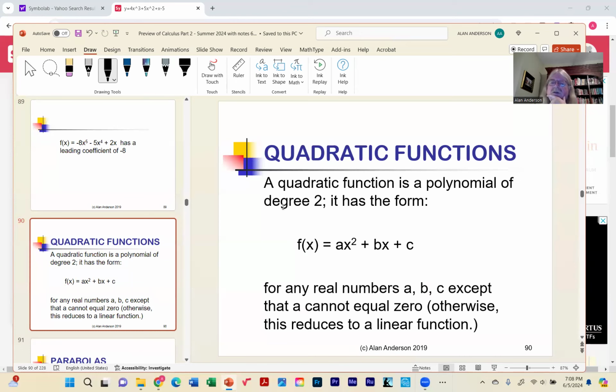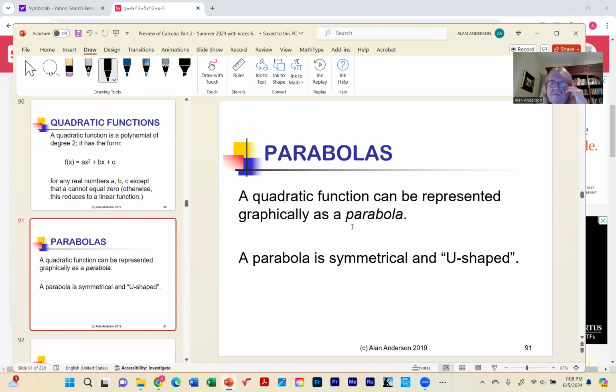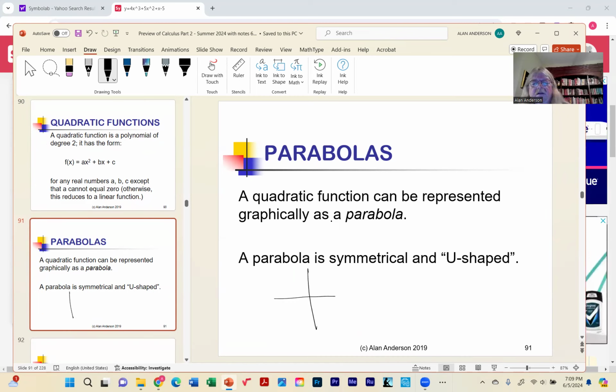Now we're going to turn our attention briefly to quadratic functions. Now we already know that the word quadratic means that it is of degree 2. It is represented as a parabola, which itself is always symmetrical, in the sense that no matter where we draw it, this is our vertex right here.